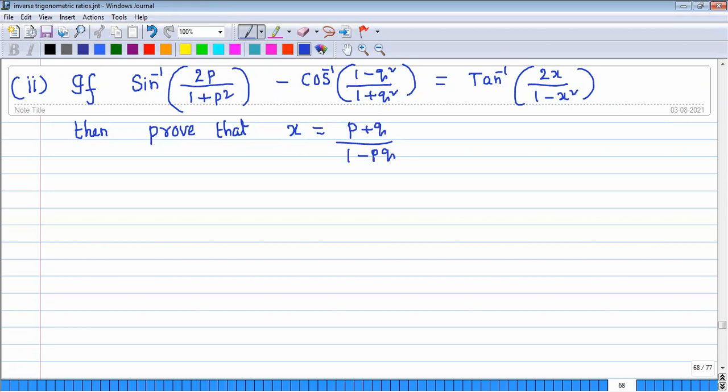So my dear students, let us substitute p for tan A, q for tan B, x for tan C. Just start, so you work out yourself. I have given the idea here, hint.